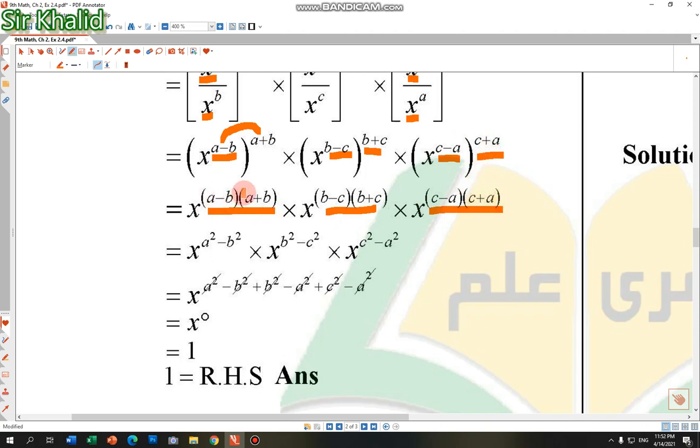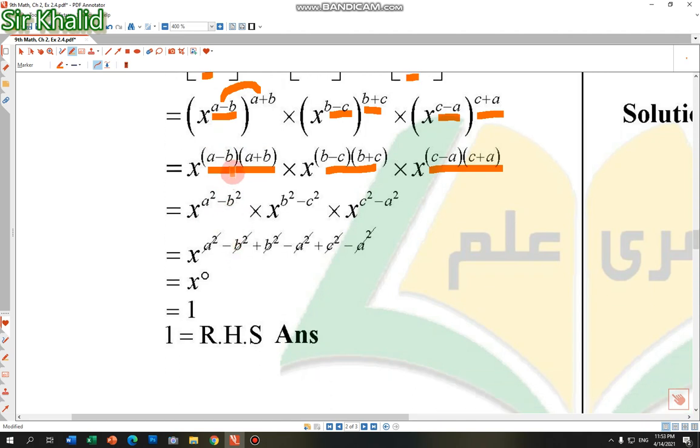Now using the algebraic formula, a minus b into a plus b is equal to a square minus b square. This is the third algebraic formula. b minus c into b plus c will give you b square minus c square using the same formula, and c minus a into c plus a will give you c square minus a square.